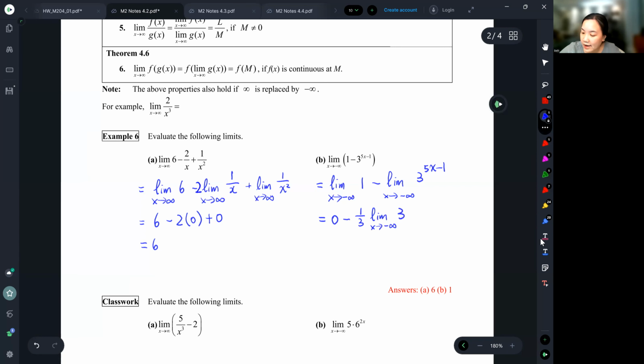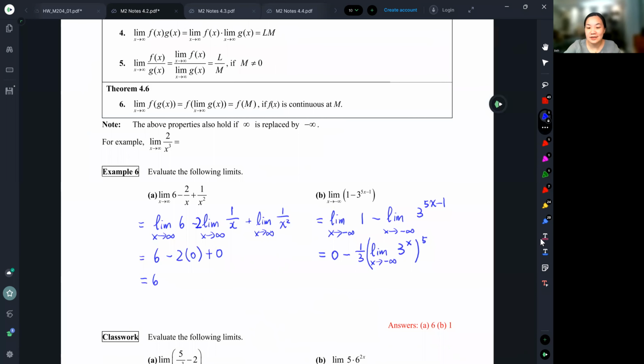Okay. Now, I used a lot of theorems. I used the sixth one. Now the power limit is the limit power. You know what I mean? And also I took out a constant.